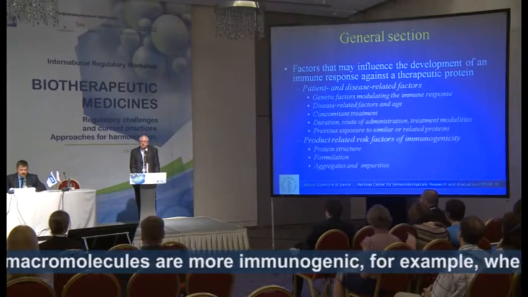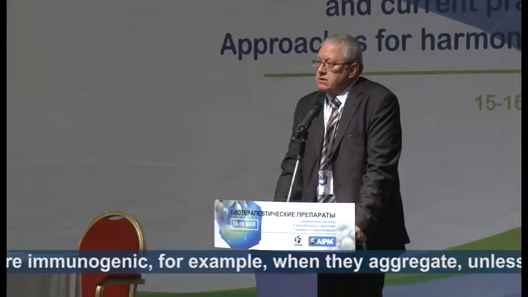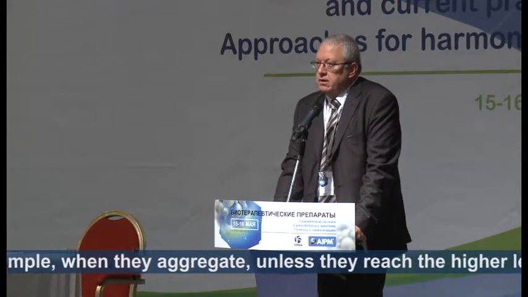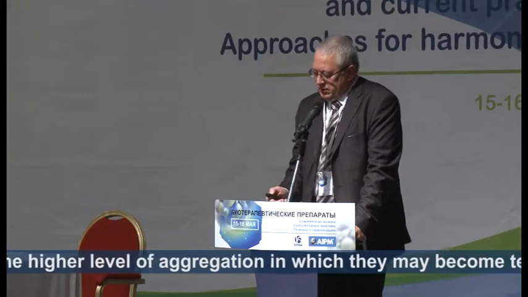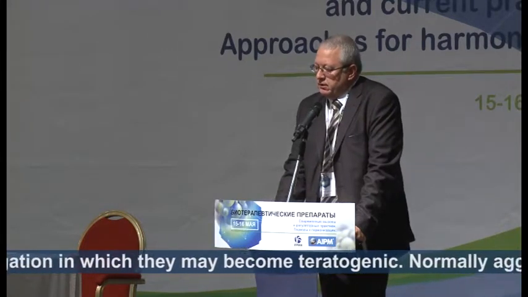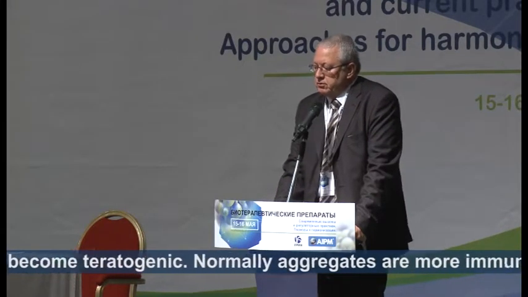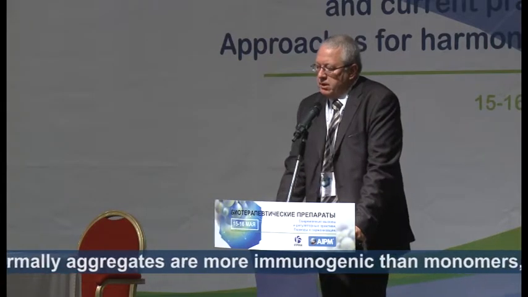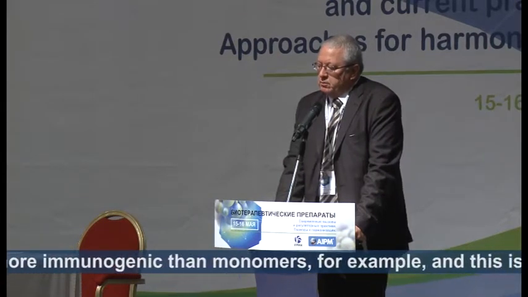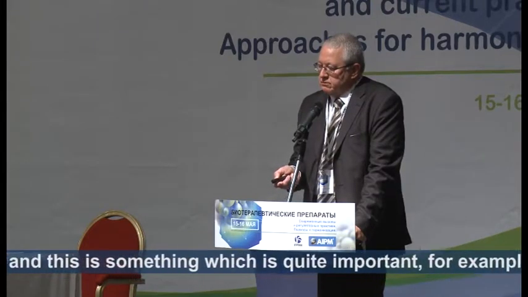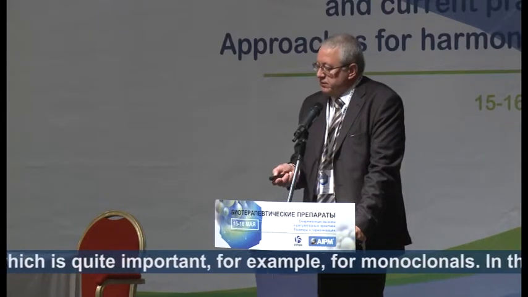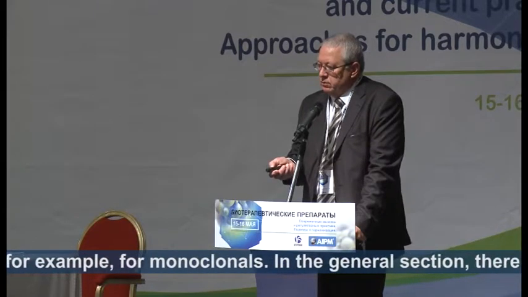It is well known that macromolecules are more immunogenic, for example, when they aggregate, unless they reach the higher level of aggregation in which they may become tolerogenic, but normally aggregates are more immunogenic than monomers. And this is something which is quite important, for example, for monoclonals.